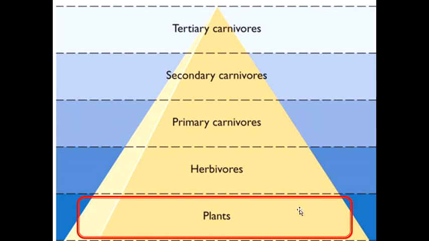It also, because it has this pyramid shape, gets across the idea that there is less mass as you go upwards in each level, and there's less energy transfer as you go upward in each level. By the time you reach these tertiary carnivores, which are large things in the oceans like sharks, there's very little biomass compared to the total summed biomass of all the planktic plants in the ocean.